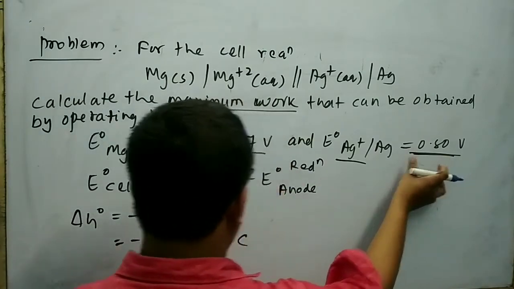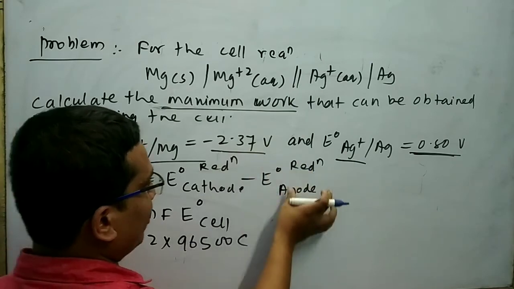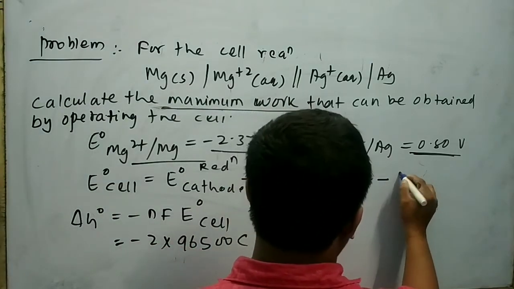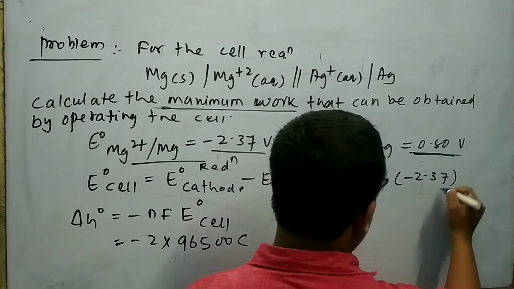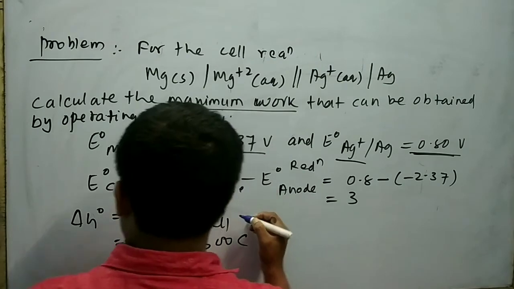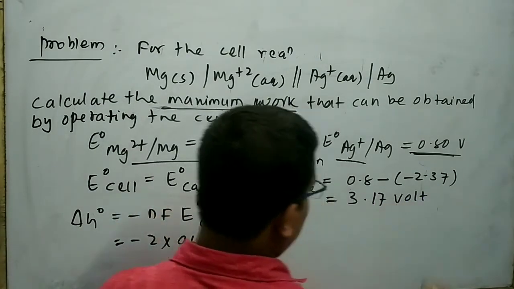So this value is taken for this term and this value is taken for this term. So I can write 0.8 minus of minus 2.37. After solving, I can write E0 cell equal to 3.17 volt.